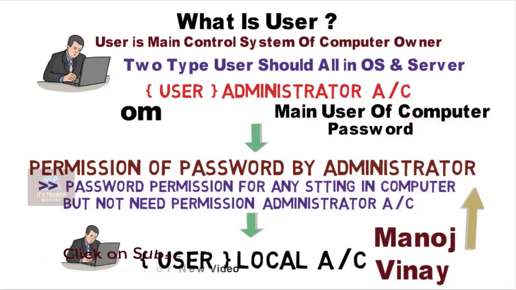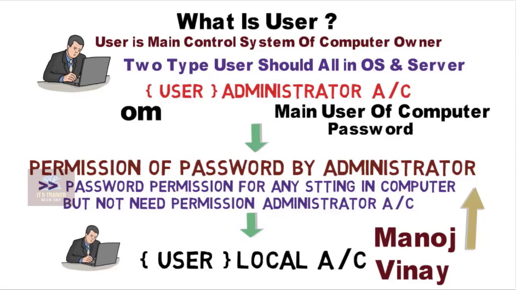Manoj and Vinay, these two accounts are always local accounts, because any friend you give a local user ID and password to will be asked for permission by the system whenever they change something.